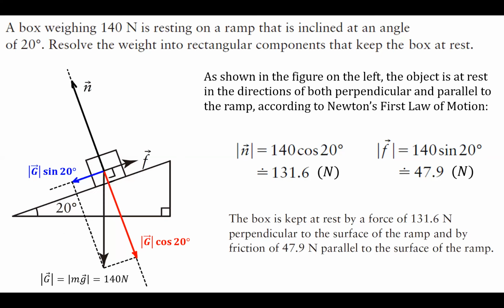So the box is kept at rest by a force of 131.6 newtons perpendicular to the surface of the ramp, and by a friction of 47.9 newtons parallel to the surface of the ramp.